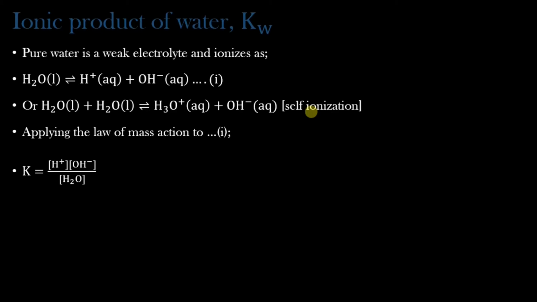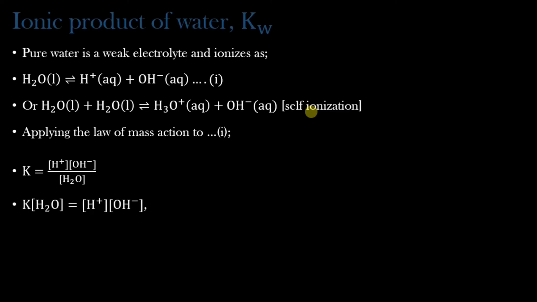But water is a very weak electrolyte, and it is only going to be dissociated to a very small extent, such that the concentration of unionized water will be regarded as almost a constant.